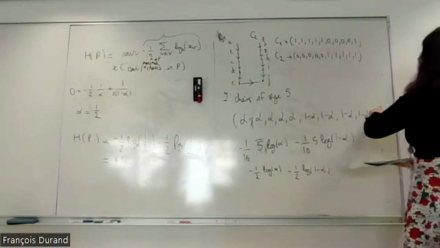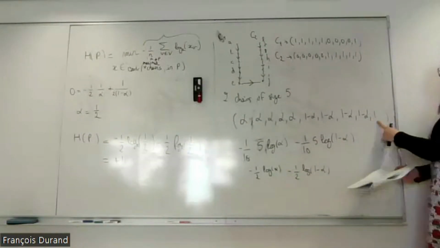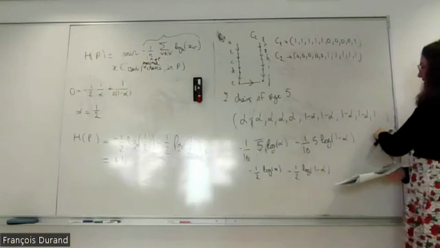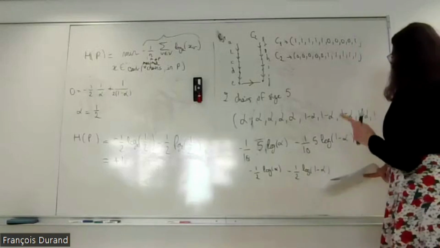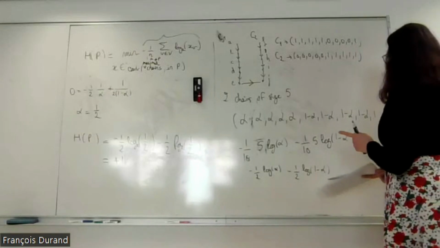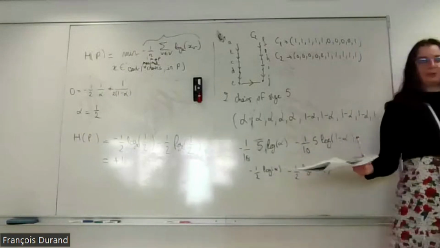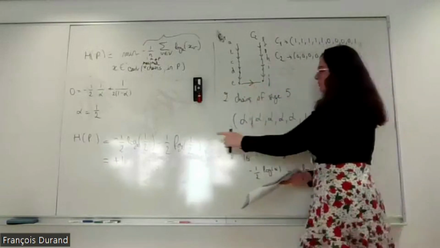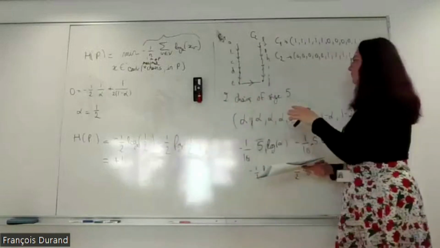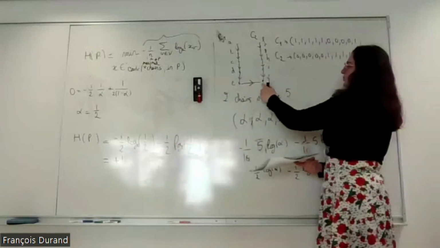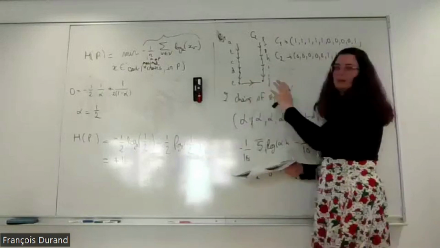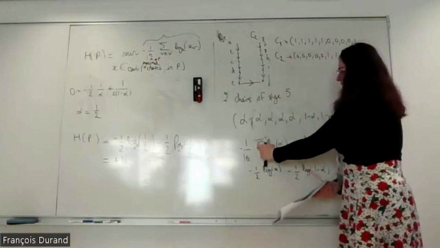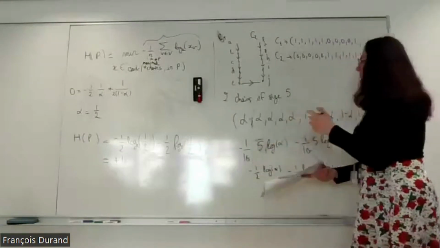And then here you will have a 1, okay, because it's going to be alpha plus 1 minus alpha. Remember I said before that this is 1 no matter the size of the chains here, as long as they are equal. Because here you can see that it's always n/2 divided by n.